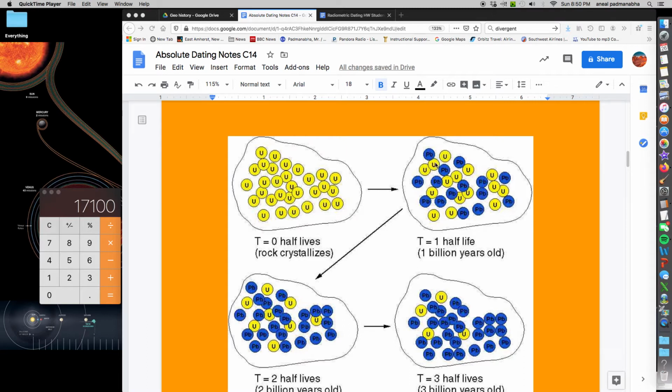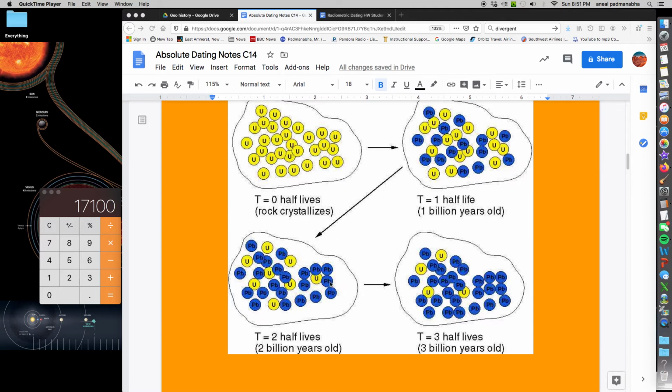So if we do 1, 2, 3, 4, 5, 6, 7, 8, 9, 10, 11, 12, 13, 14, 15. So 15 divided by 2, I know it comes to 7.5, but they'll probably make it into 8. So we should have roughly 8 yellow uraniums in the next one. 1, 2, 3, 4, 5, 6, 7, 8. Boom, works out. I know it's not exactly half, which is just an example of what's happening.